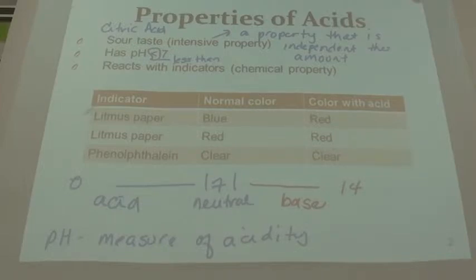This is what you did in the lab yesterday. You took an acid and you put it on blue litmus paper and it turned. And then you took red litmus paper, you put a drop of acid on it and there was no color change. And then you used phenolphthalein that started out as a clear liquid.